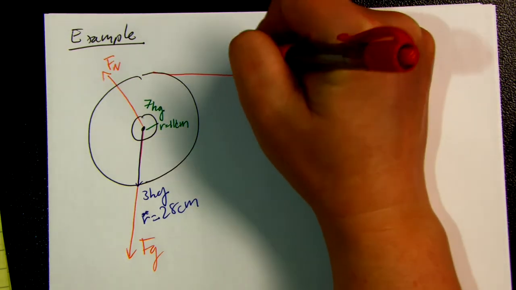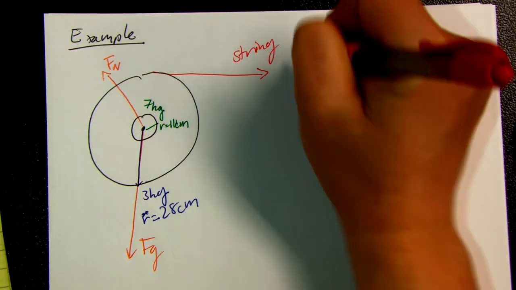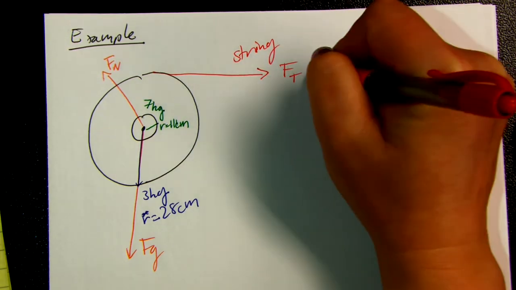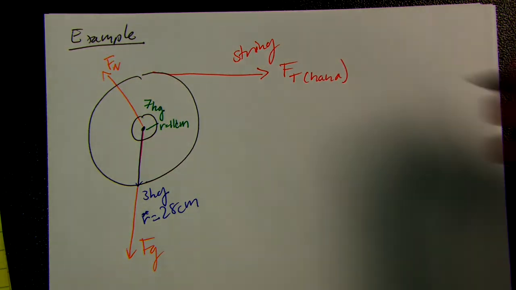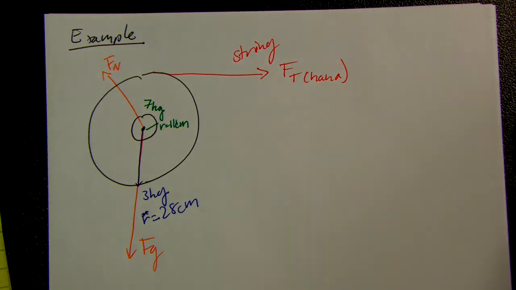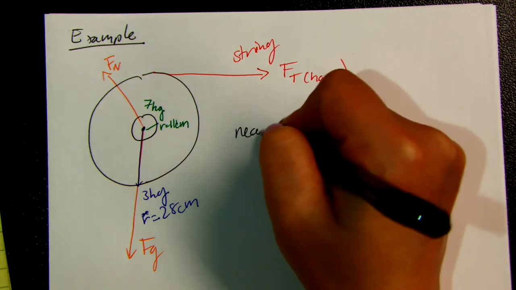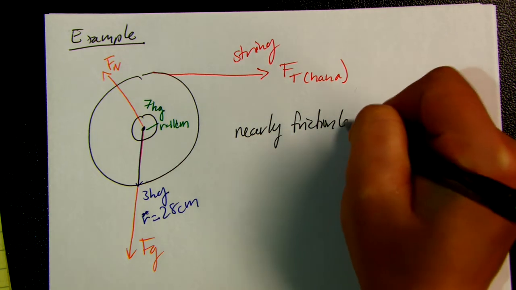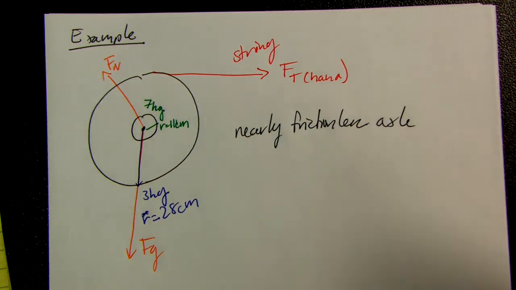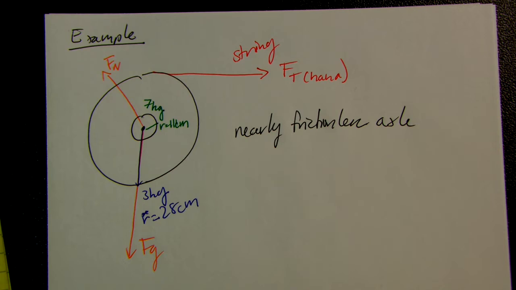So here's the string, and it's experiencing a tension force from your hand. And we're going to say that this has a nearly frictionless axle. Okay, so here is the setup that we're going to be analyzing.